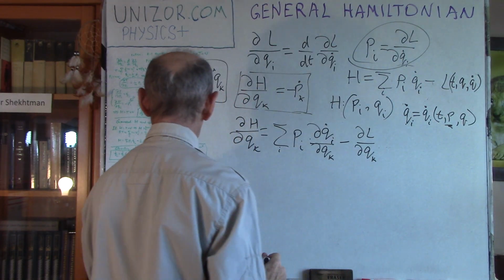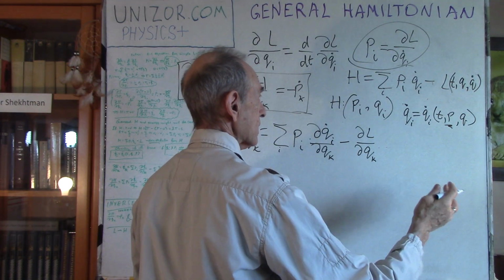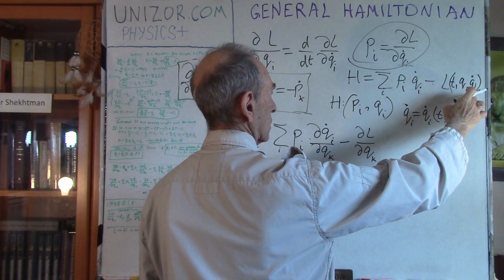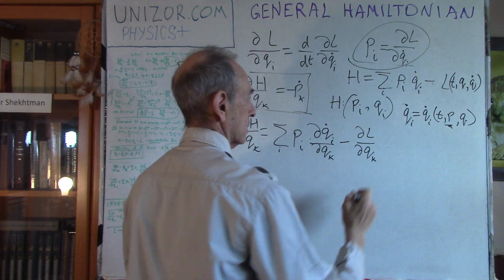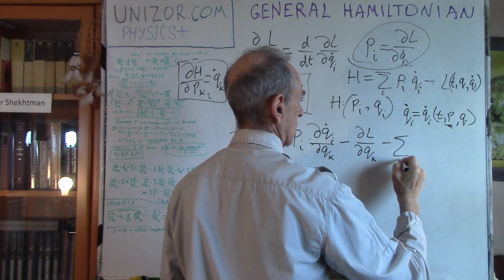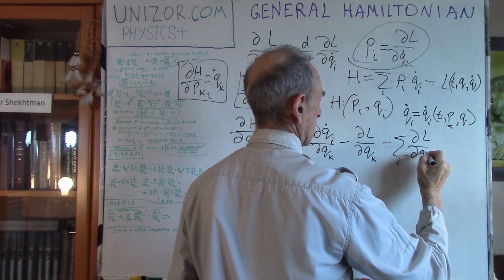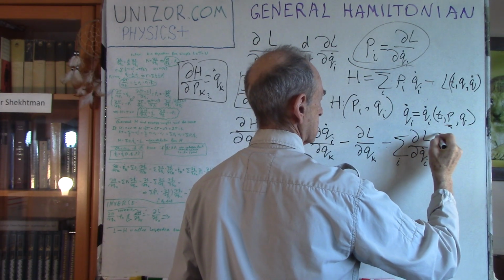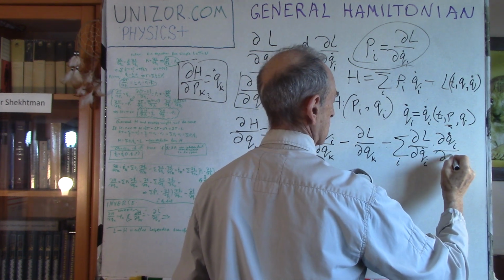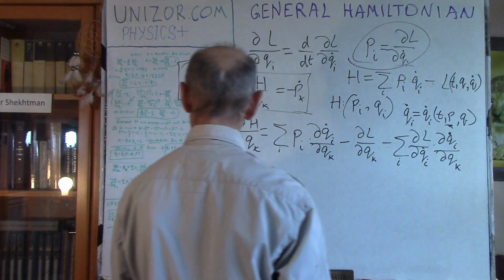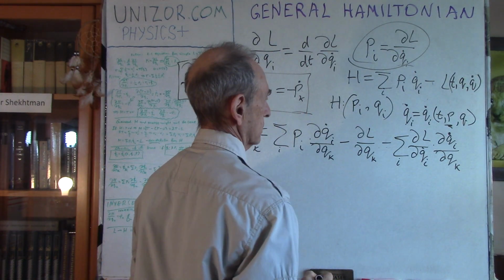And another thing, whenever I'm uncovering the q from the q dot, would be the whole sigma dL by dqi dot times dqi dot by dqk. Let me check. Yeah, that seems to be right.